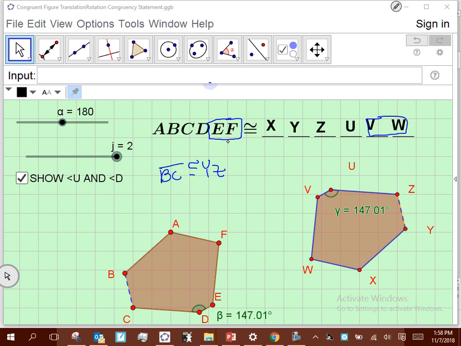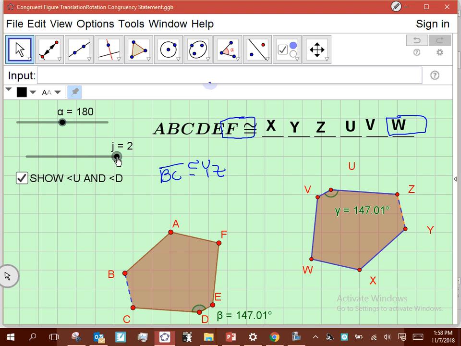And now I got to shift 1 letter more. All right, and this is cyclical, right? It goes back to the beginning. So think about looking at FA. Now watch FA. Where does it go to? It goes to WX, doesn't it?